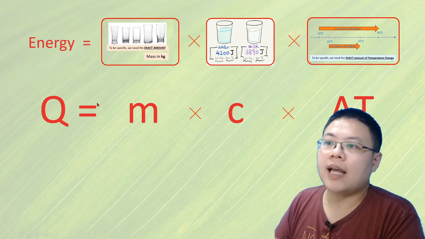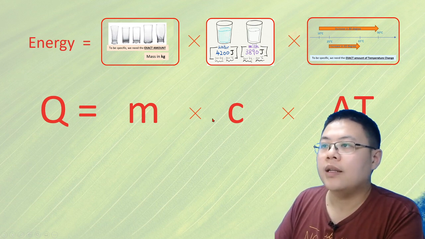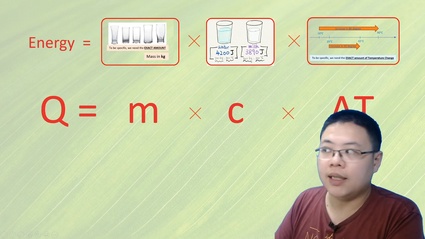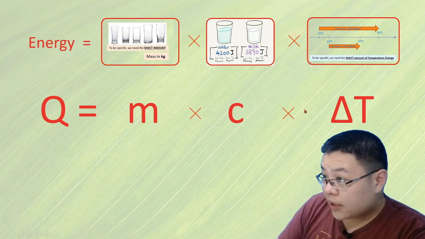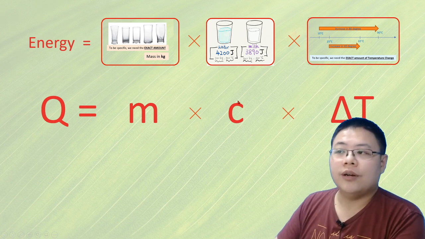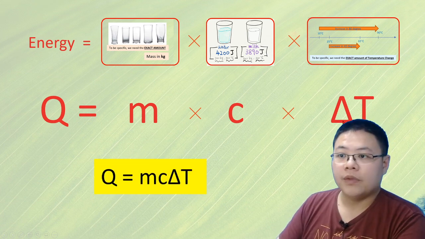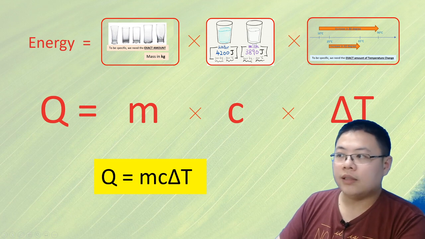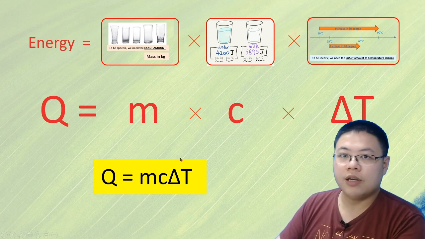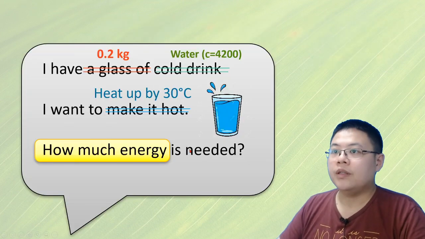The formula is like this: the energy is equal to mc delta T. So mass, material's specific heat capacity, and change in temperature. This is Q 等於 mc delta T, okay. This equation, memorize it. You will use it all the time.